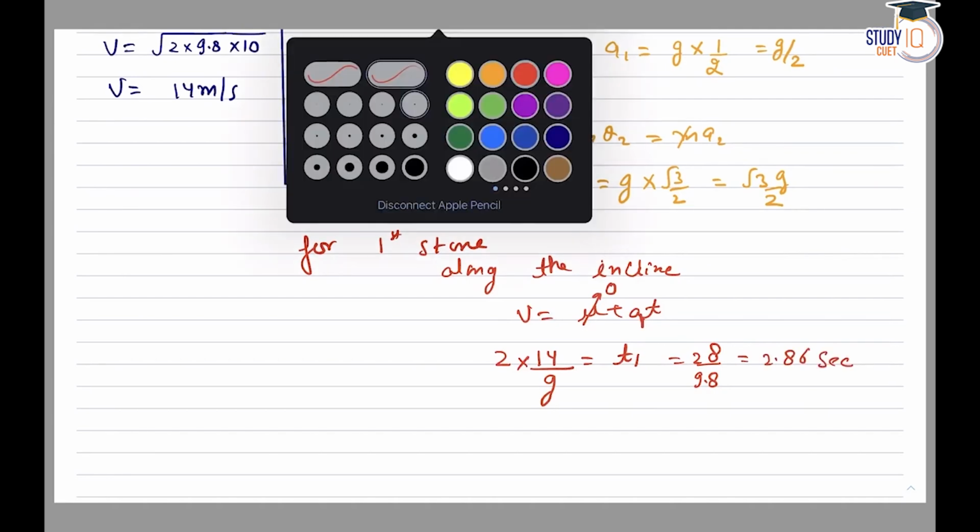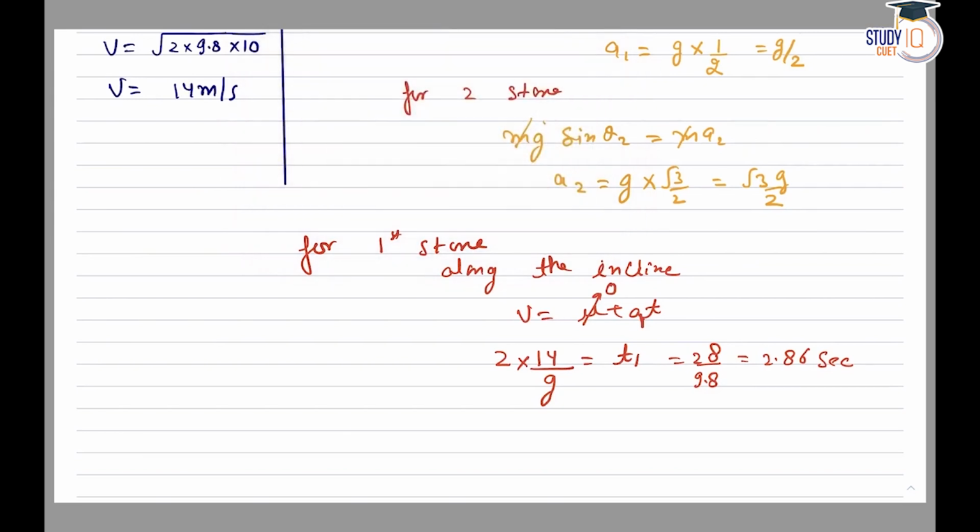And for the second stone, again we use the equation along the incline: v equals u plus a2 into t, and let's say this time is t2. So a2 is the acceleration of the second stone along the incline, the initial velocity is 0, and the final velocity is 14. a2 is root 3 g by 2 along the incline, into t2.